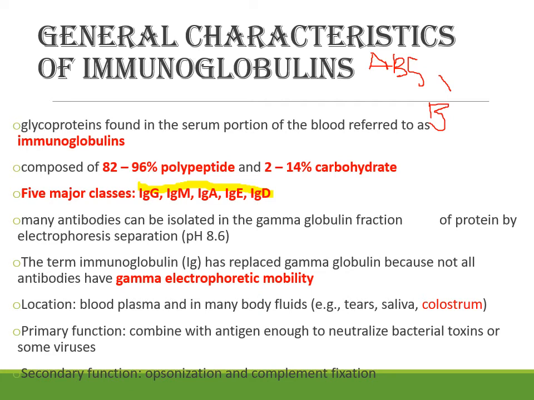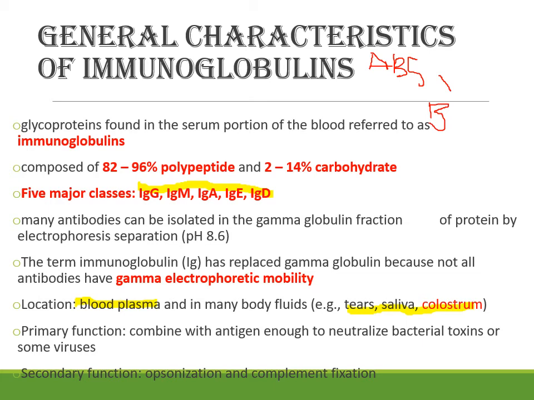charged electrode. Immunoglobulins can be found in almost all parts of our body, specifically the blood plasma. They can also be found in many other body fluids, such as your tears, your saliva, and your colostrum.